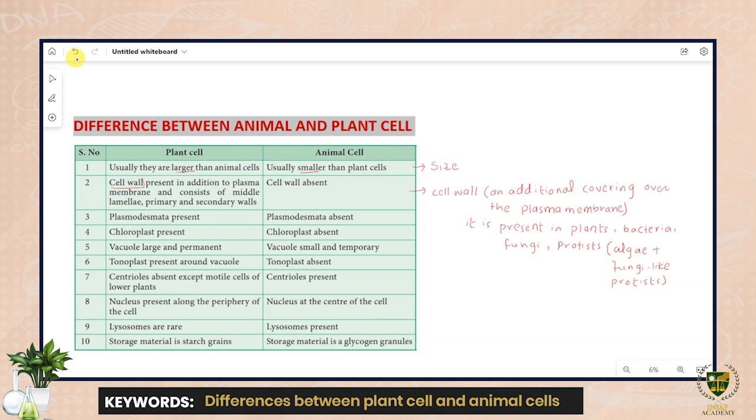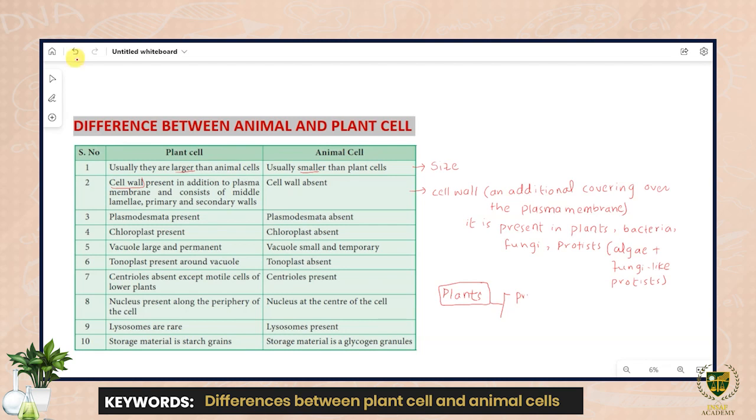So the cell wall is present in addition to the plasma membrane and consists of the middle lamella, primary and secondary walls. I will talk about the cell wall in plants when I teach the cell wall in the lectures, where it will be discussed properly that in plants there are three types of cell walls.